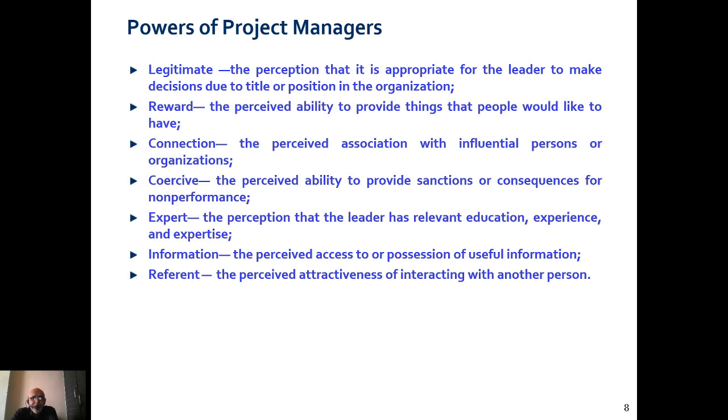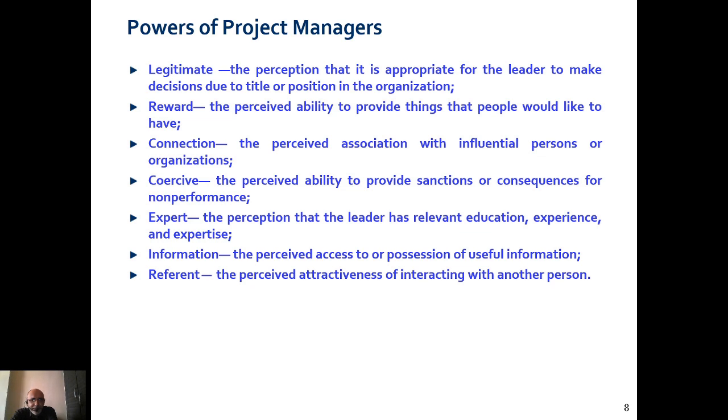Now, what are the powers of project managers? Whether project managers are powerful entities or only the name project manager has been given. They have legitimate powers to give decisions. They must have rewarding capacity, connection with influential people or organizations, and coercive power, that is, to provide sanctions or consequences for non-performance.